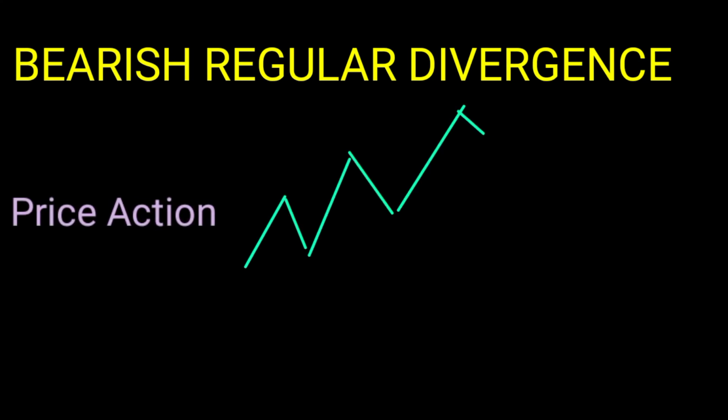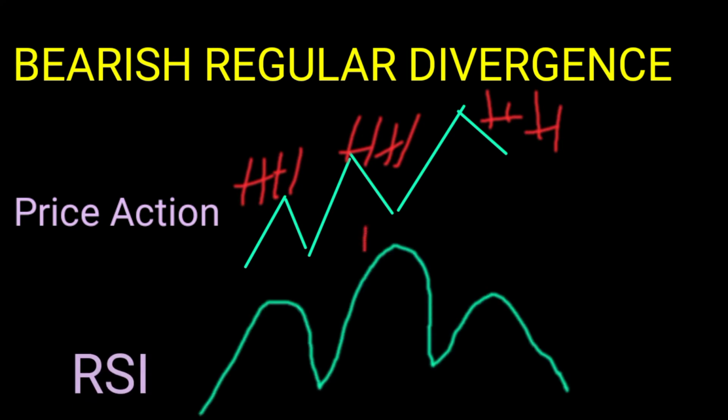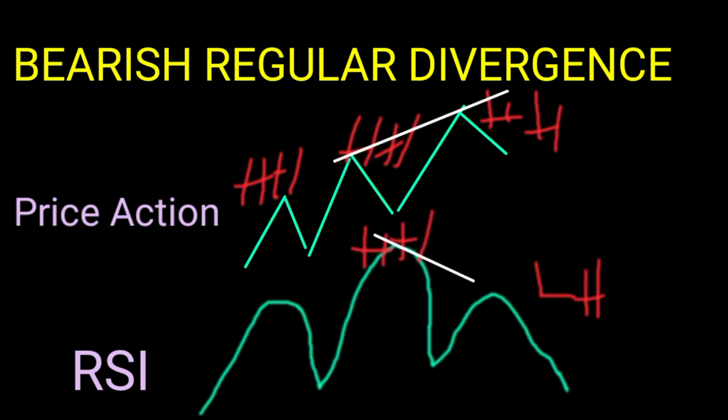Now, in the bearish regular divergence, the price action is marked with higher highs and higher lows. However, in the RSI, you may be observing the higher highs and higher lows, but at a point, the RSI, instead of making a higher high, will begin to make a lower high.